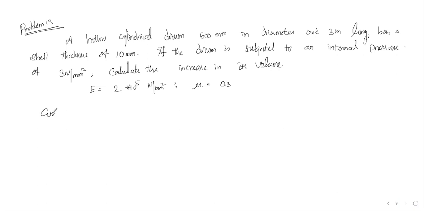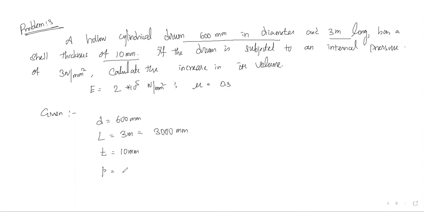So let us move on to the given data. They have given that cylindrical drum diameter D is equal to 600 mm and the length is 3 meter, so 3000 mm, with a shell thickness of T equal to 10 mm. The drum is subjected to an internal pressure P is equal to 3 Newton per mm square.